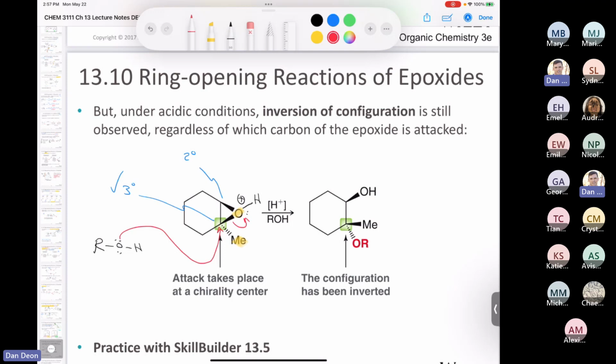When that opens up the ring, it's going to push the methyl group from being down to going up. And if you're wondering, oh, I'm never going to remember that, all you have to remember is that it's an inversion of configuration. Why? Because this is an SN2 reaction: nucleophilic attack followed by loss of leaving group. There's nothing new under the sun here.